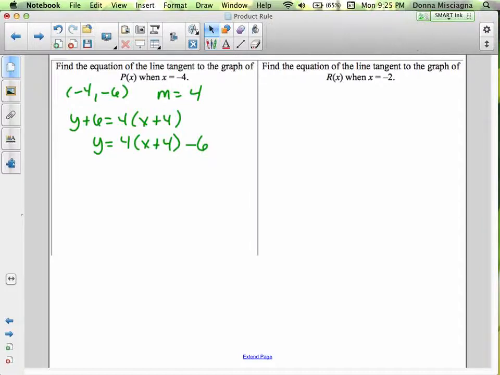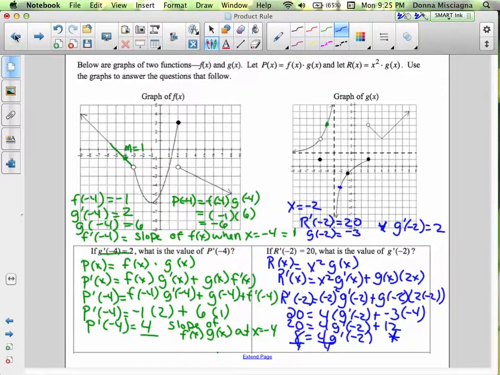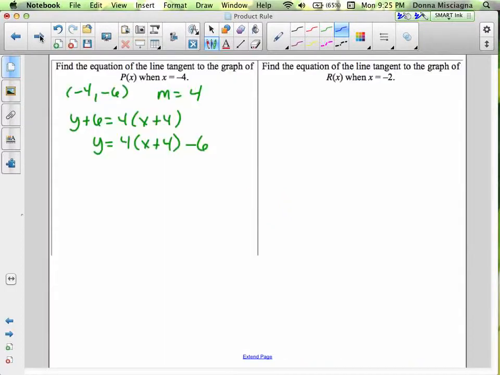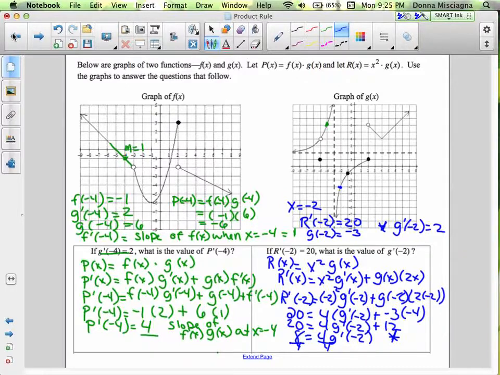Let's do the same thing over here. We just need the point. All right, so we want x is -2, and r of x was x squared times g of x. All right, so r of -2 is -2 squared times g of -2, which is going to be 4 times, and g of -2 was -3. So that's a -12.